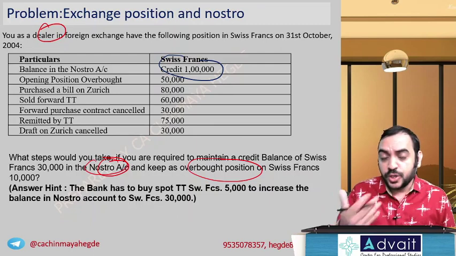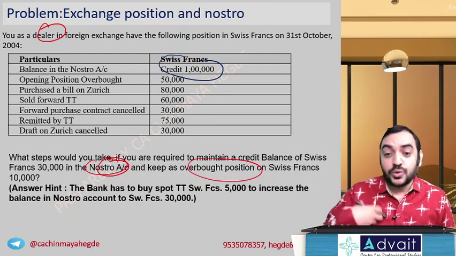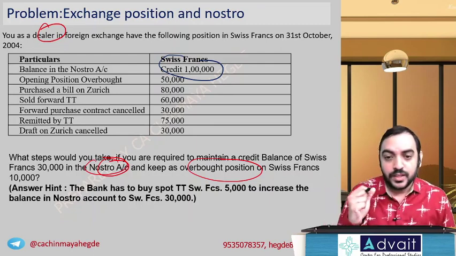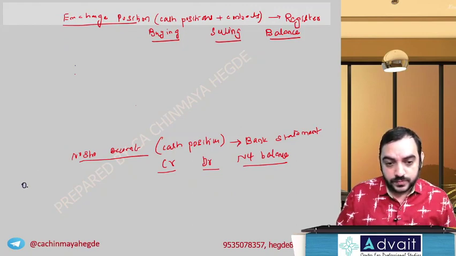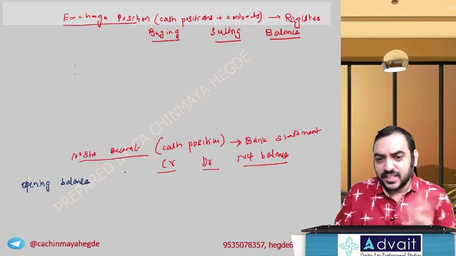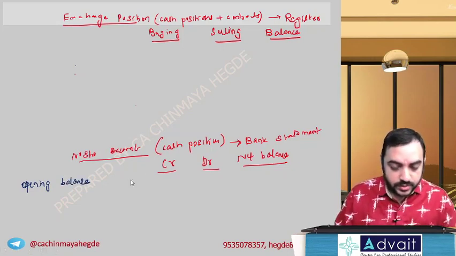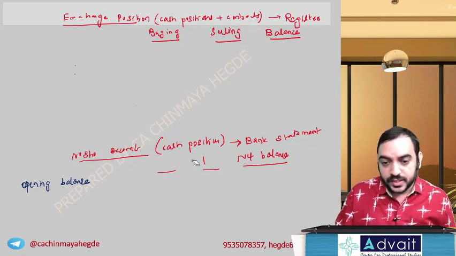When you open a passbook, it will have a credit balance, which means you have a balance with the bank. So 1 lakh balance in nostro account. We can show opening balance. Or you can write debit first, credit later. That's also fine. Let me write debit first, credit later. That's how the actual format looks.